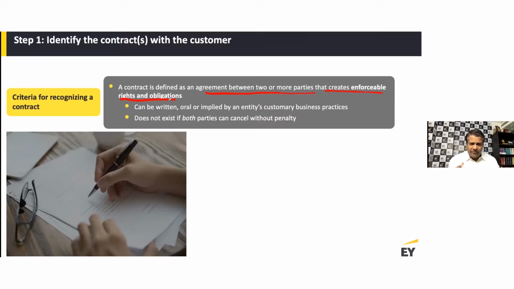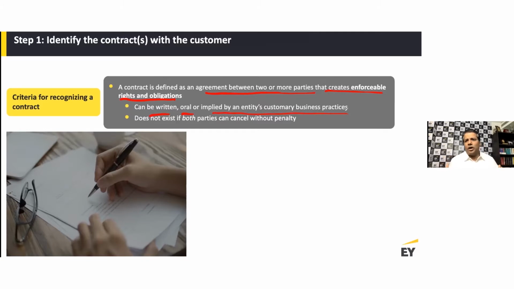So if two parties in India enter into this contractual arrangement, it has to be enforceable in a court of law in India. If you are operating overseas, it has to be enforceable in a court of law overseas. The standard doesn't mandate that it has to be in a particular form. It can be written, oral, or implied by an entity's customary business practice.